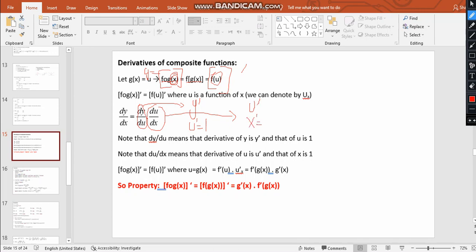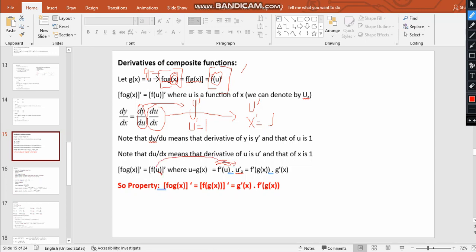However, here du over the variable dx, derivative of u is u prime, but derivative of x in the second one is 1. Okay, so if I want to find this derivative, which is f of u prime, it is derivative of y with respect to u. It means derivative of f with respect to u. This is f prime of u. And then I want to derive u with respect to x, times u prime of x.